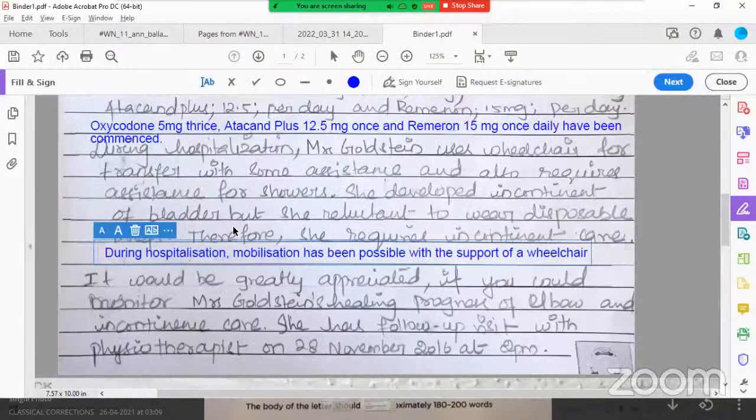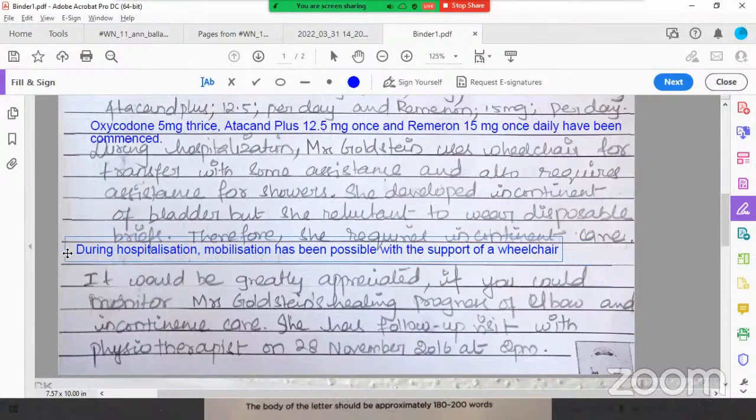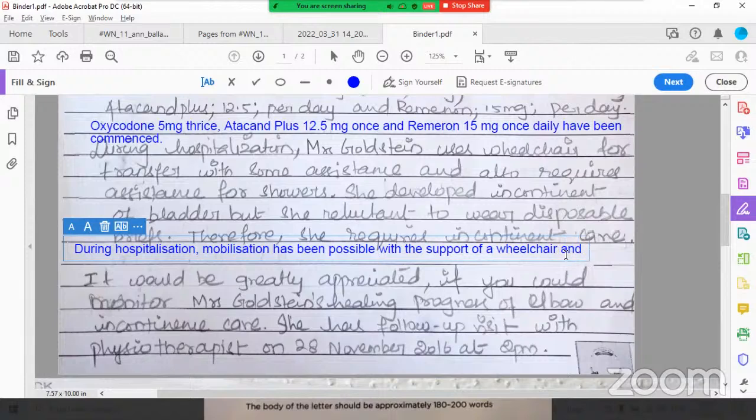Okay, during hospitalization, mobilization has been possible with the support of a wheelchair and some external assistance.